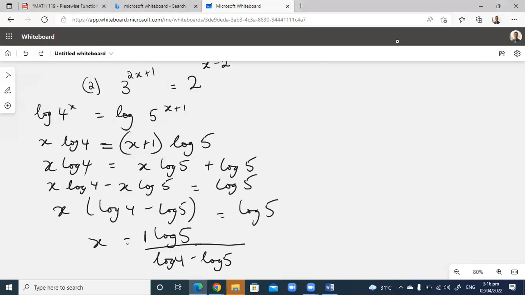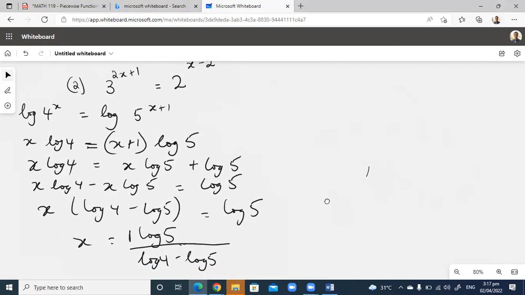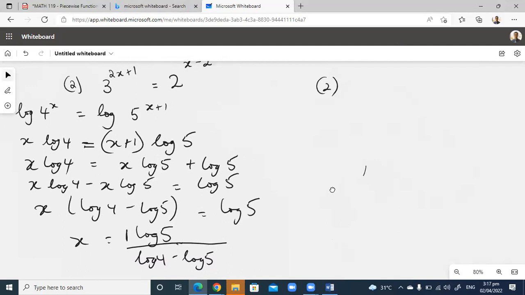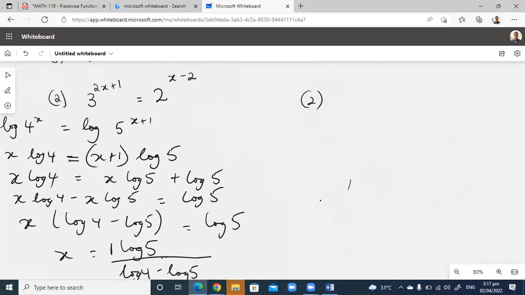All right, so let's do the second one now. Question 2. If you take logs of both sides, you're going to get this.